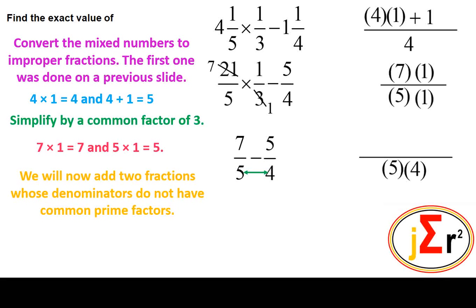Then the leading diagonal will go next, and that will be 7 fours. Finally, the subordinate diagonal will go next, and that will be 5 times 5.